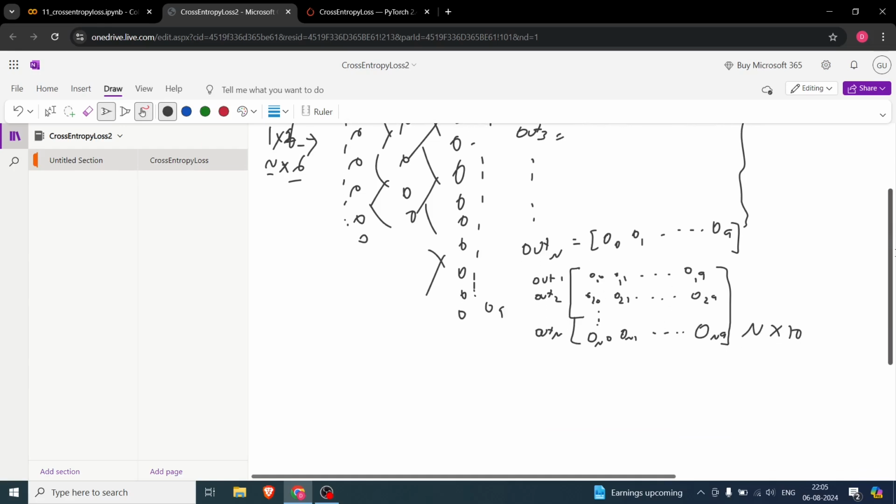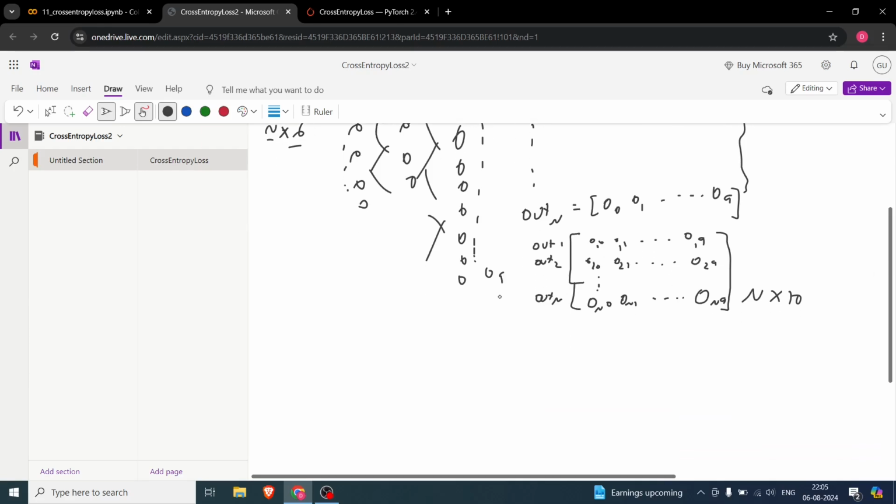Now weight says it is the manual rescaling of individual classes. My question is, what does this mean?